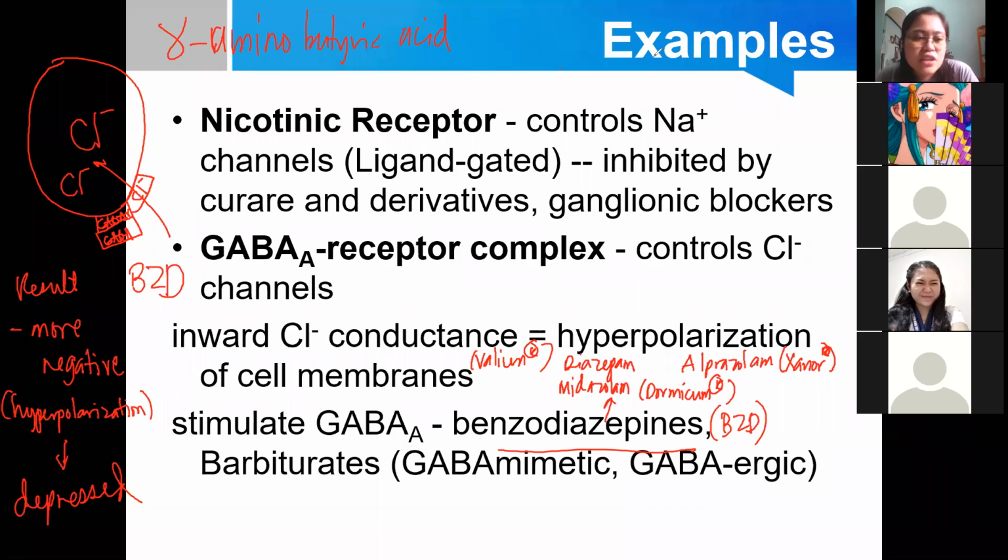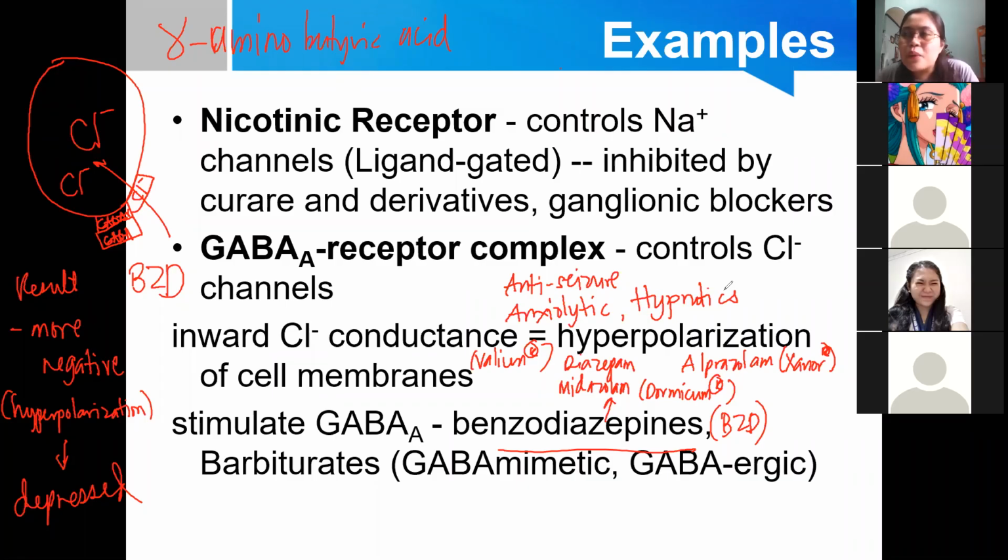Kaya ang iyahang action is to slow down the activity of our cells. So ano ni siya class? Ang atong benzodiazepines dyan, aside sa anti-seizure, we can use them as an anxiolytic. When you say anxiolytic, para sa anxiety. And then, pwede po natin siya gamiton as hypnotics. Like pampatulog.